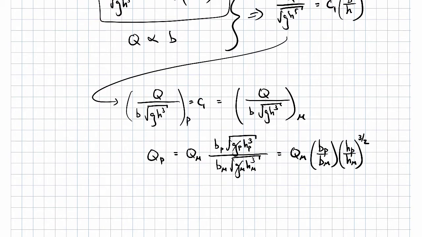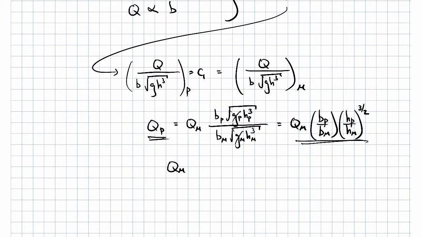Okay, so we're down to this point, and we're told that the volumetric flow rate in the model is 2.1 cubic feet per second. We're told the H in the model was 6.3 inches, and let me just convert that over to feet since the volumetric flow rate is in feet.